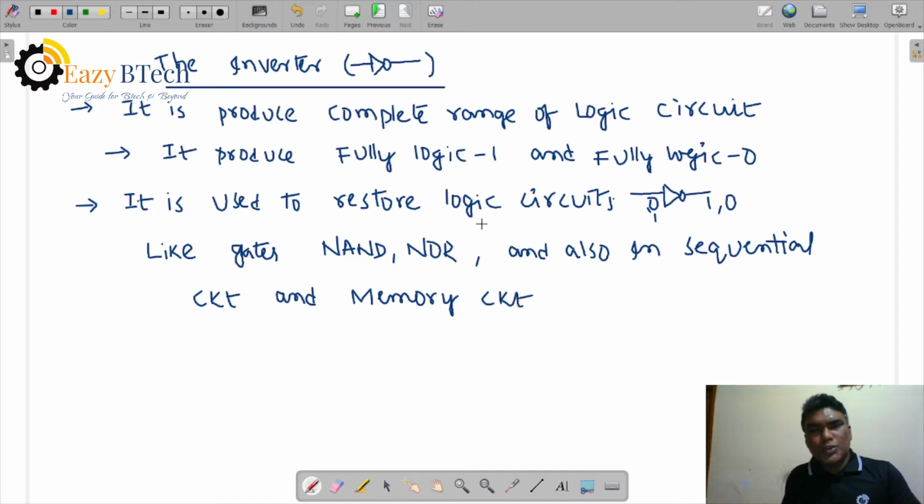So what is this restore logic? What does restore logic mean?